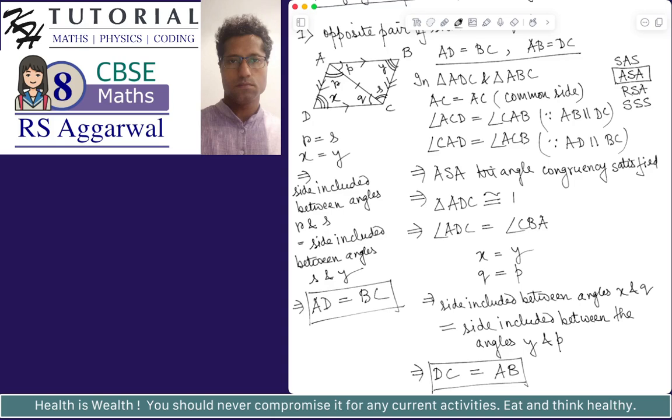So definitely I can say this will be B, C, and this I can say A. So the idea is that if triangle ADC is congruent to triangle BCA, then if you take from the left hand side triangle two vertices at a time, A and D, it is making the side AD. So AD must be equal to the corresponding side of the other triangle, that is BC. Similarly, DC must be equal to CA.